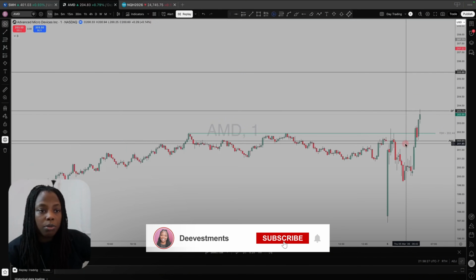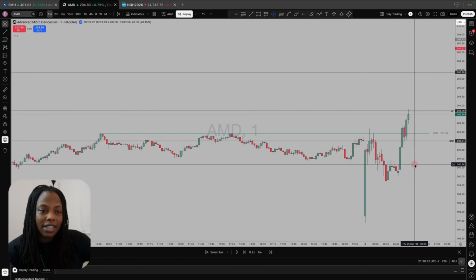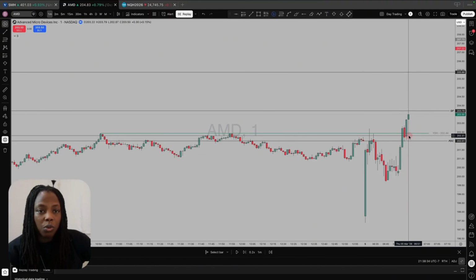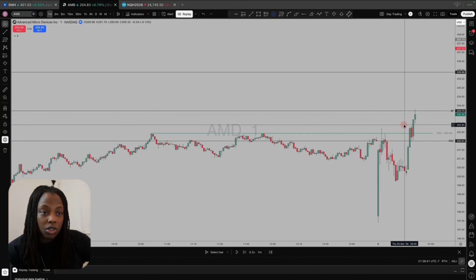So now, a lot of people, I know people that took this trade, and I was reviewing and I was like, I think this is one of those scenarios where we tagged the gap fill and automatically it just became a low probability trade. But watch, it sets up nicely afterwards.